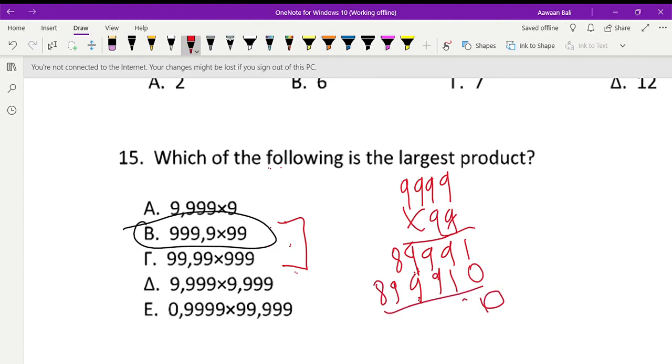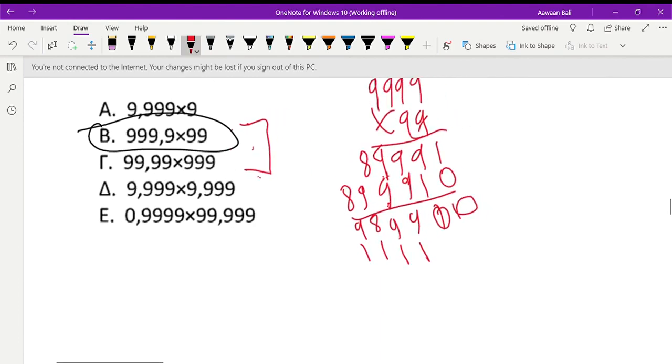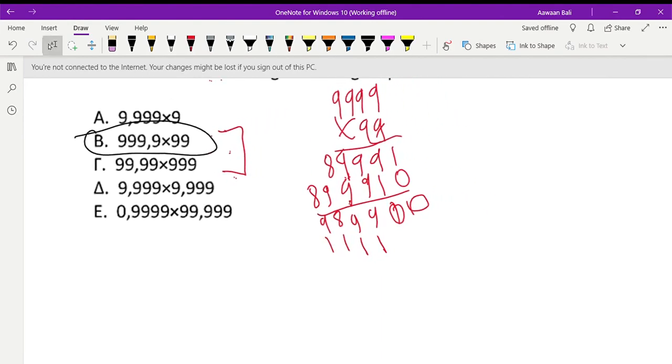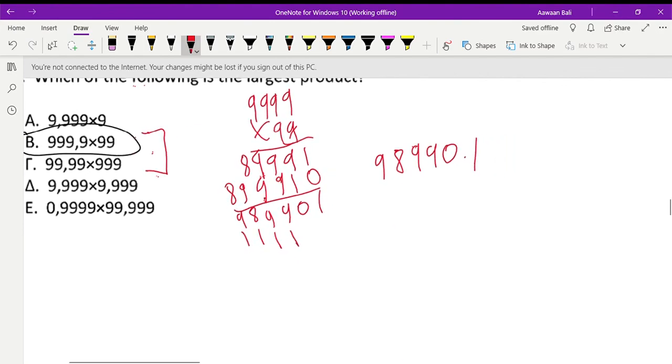So you have 0, 10, 9. So yeah. So then the answer to that one would become 98,990.1. That would be the answer to the first one.